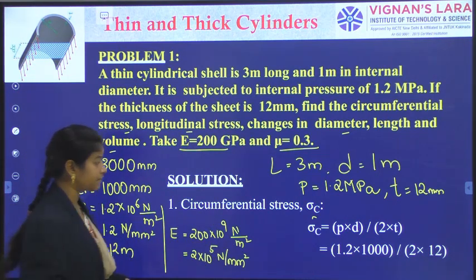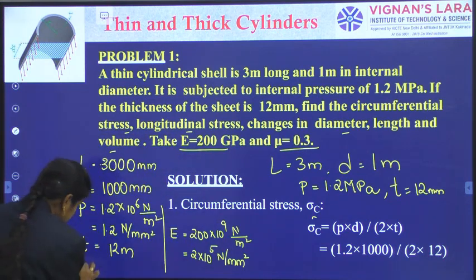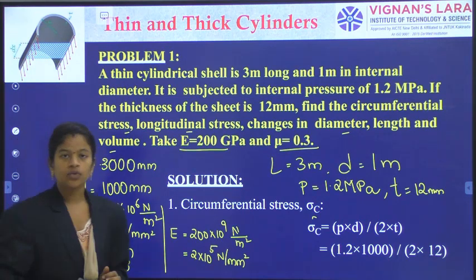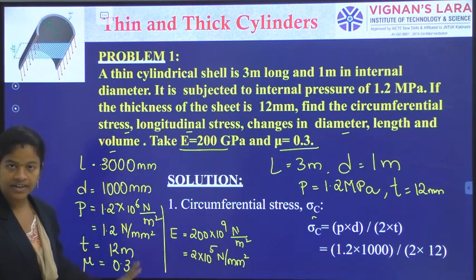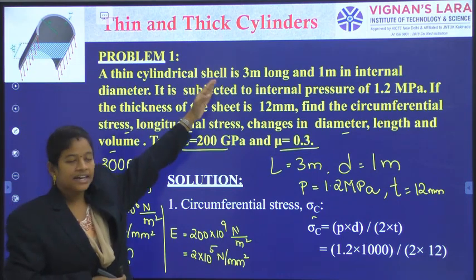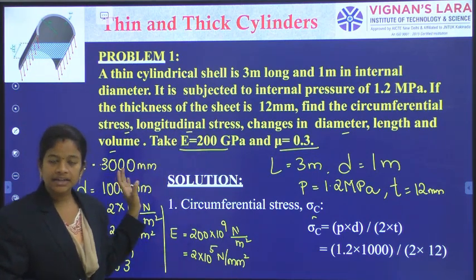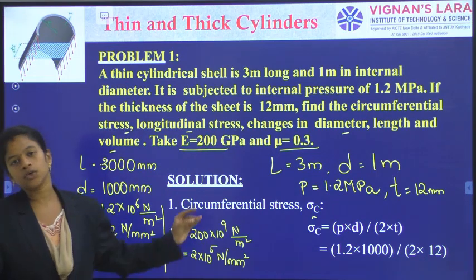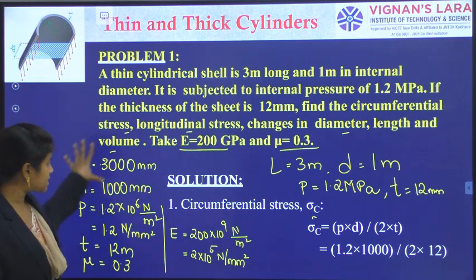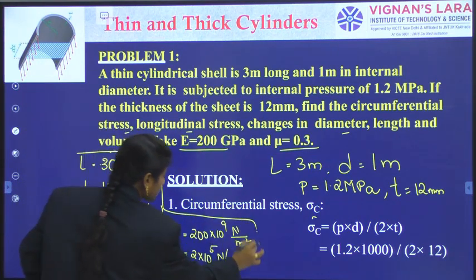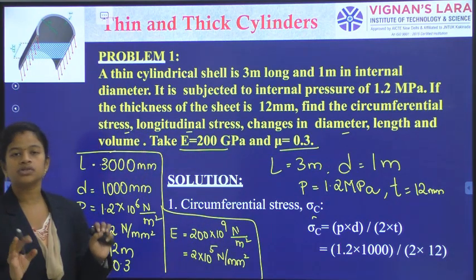They have given Poisson's ratio mu is equal to 0.3. So better to convert all the terms and write the given data, then go into the solution. This is the data needed for me, and I have generated all the data in my own terms to substitute.